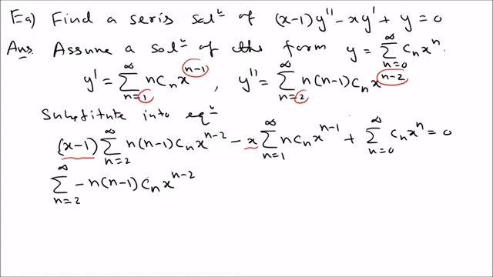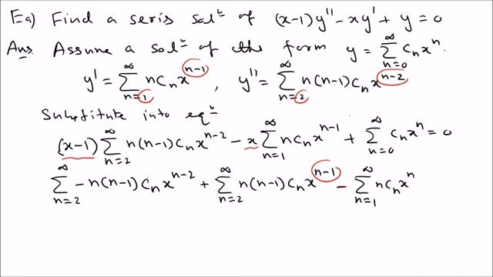Then multiply with x. It's still n going from 2 to infinity, no changes with the index: n minus 1 c n x, and when you multiply by x, the power becomes n minus 1 now. From the next one, we can bring the x inside. It's going to be the sum for n going from 1 to infinity of n c n x to the n, because you multiply by the extra x, so n minus 1 becomes n.